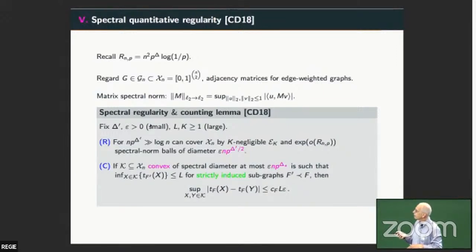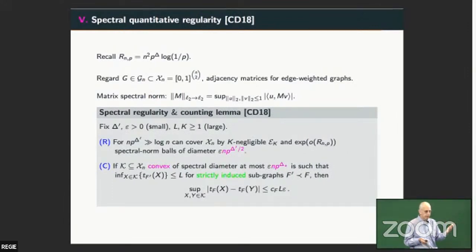So in order to make this work, you need to make this number here, delta star, equal to delta prime over 2, that is, take delta prime equal to 2 delta star, and then the whole scheme will work for you, modulo negligible sets.